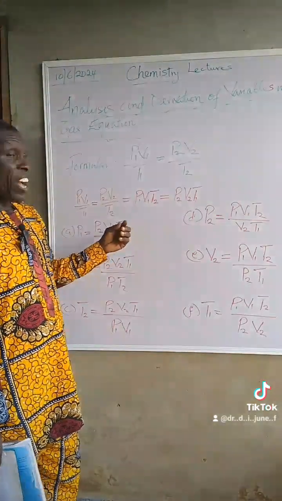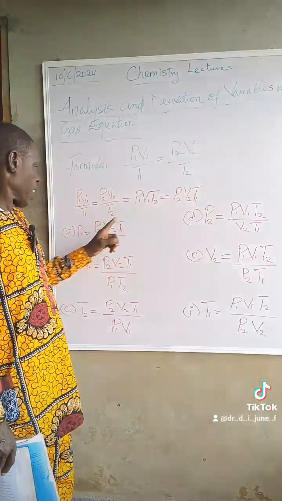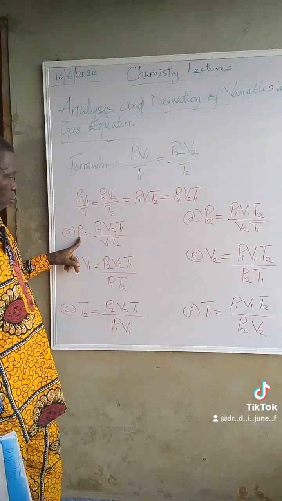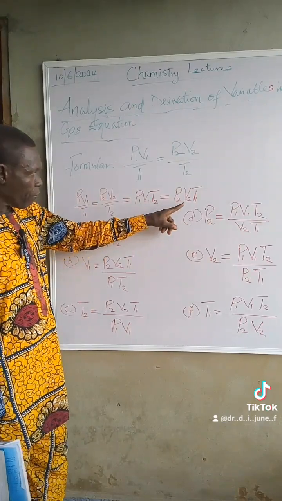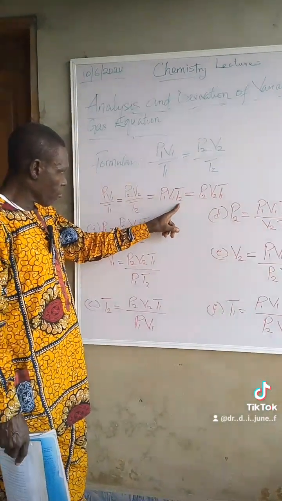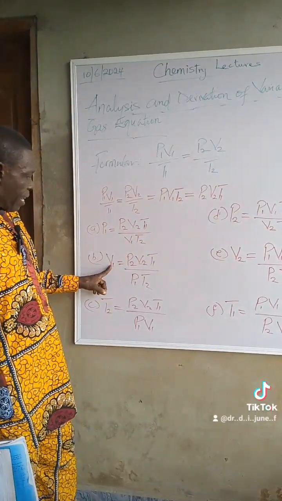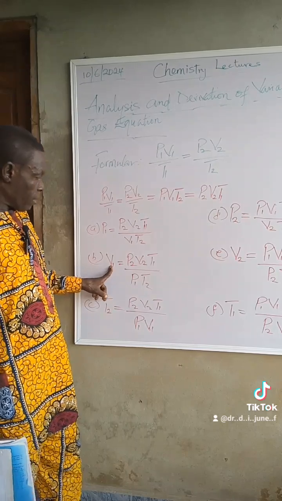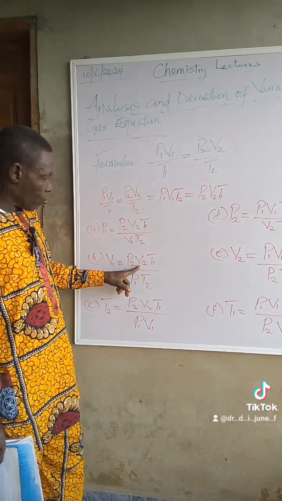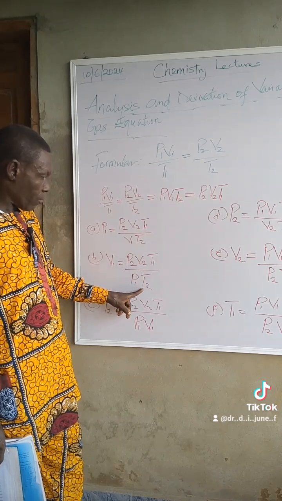It means you divide the other side by V1 T2. So P1 is equal to P2 V2 T1 all over V1 T2. Then, if you are looking for the initial volume, it will be P2 V2 T1 all over P1 T2.